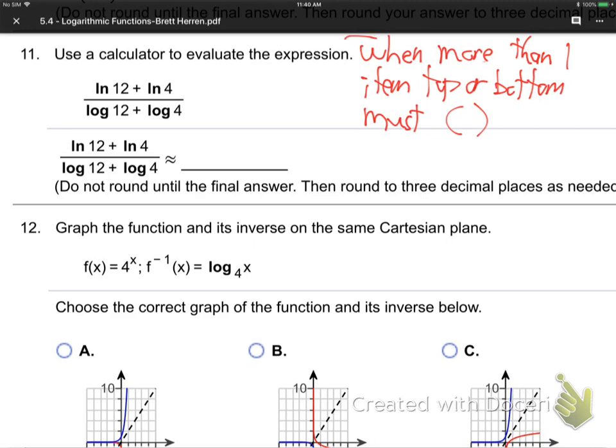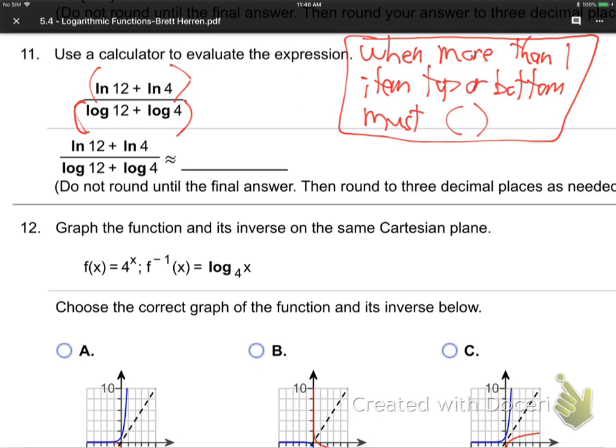If there's just one thing in the top or the bottom, it doesn't matter. You don't need extra parentheses. But if there's a couple of things, 2 or more, you've got to put parentheses. That way the calculator knows it's a grouping symbol, really. It says this group hangs together in the top and this group hangs together in the bottom. That's what it really is.